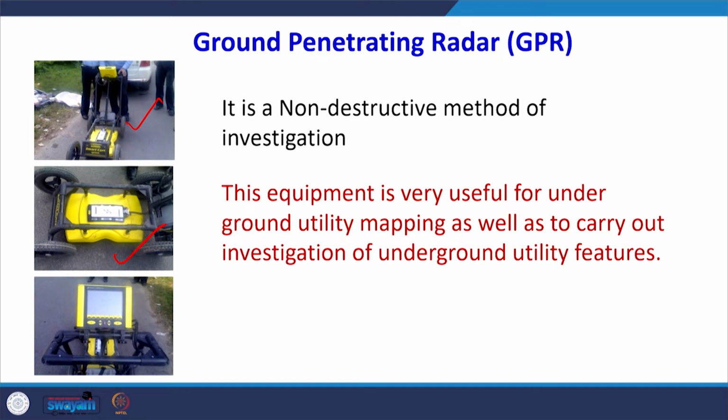So, it is providing us the different reflectance pattern of the radar beams which are reflected from the objects which are below, and we can interpret them and find out whether it is a pipeline or a cable line or some buried structure using the pattern.